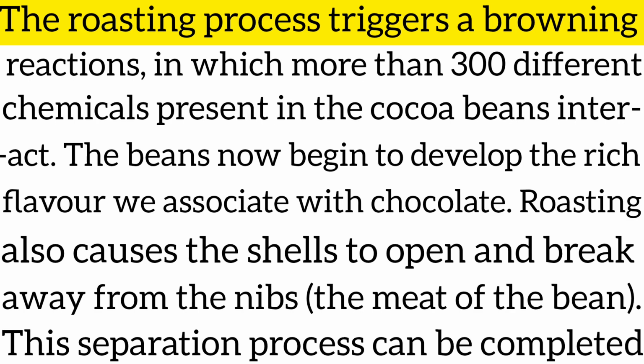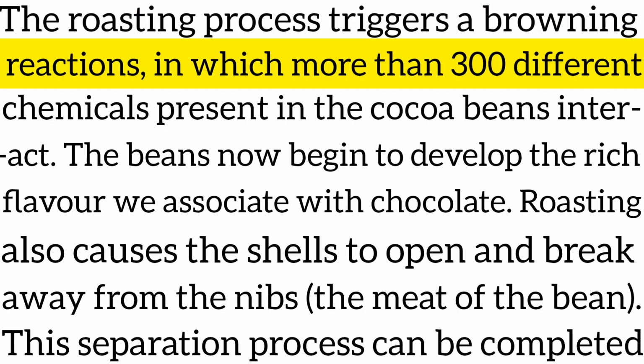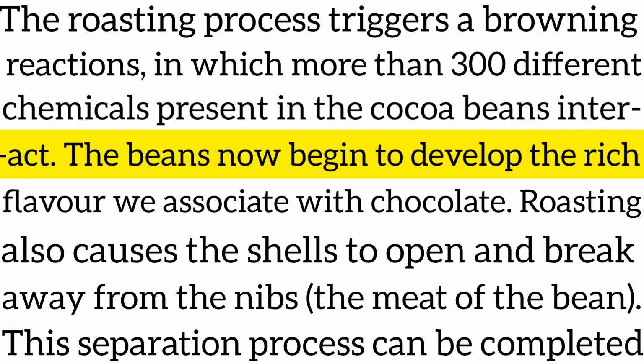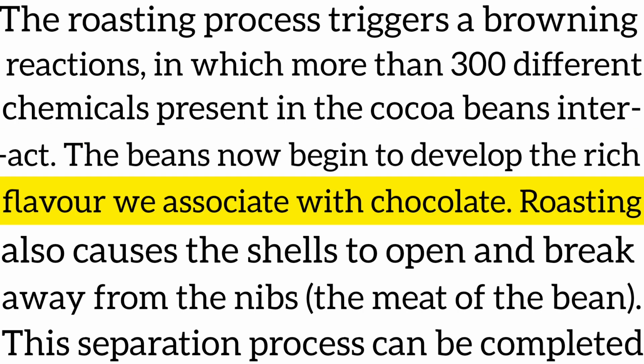The roasting process triggers a browning reaction in which more than 300 different chemicals present in the cocoa beans interact. The beans now begin to develop the rich flavor we associate with chocolate.